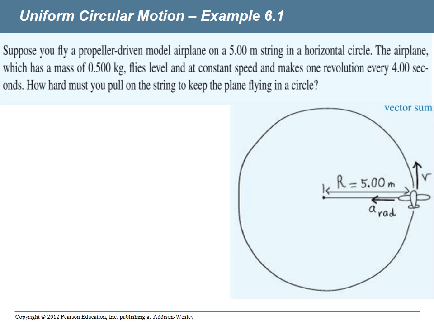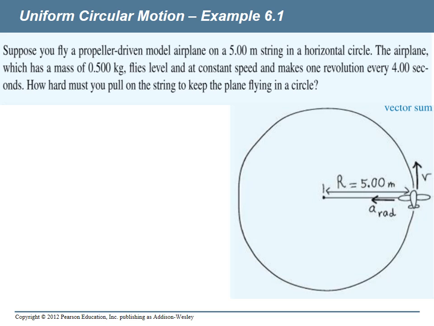So let's look at a really simple example of this, very similar to one we did in chapter 3. Again, look through the example video in Mastering Physics for the full solution. I just have the answers here, but I'll talk about how to set it up.